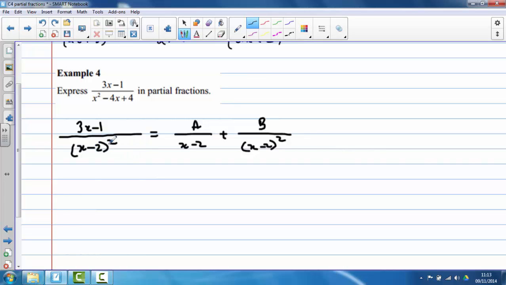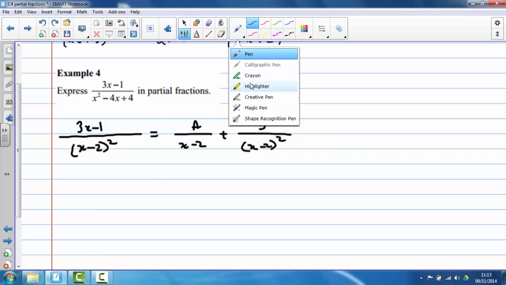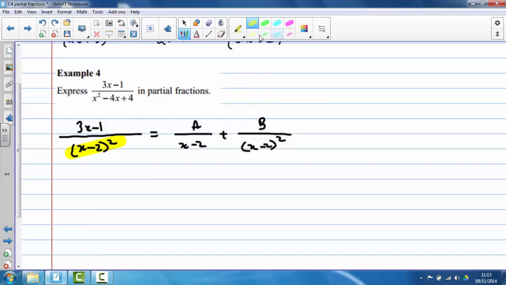So if we multiply through by x minus 2 all squared, this just gives me 3x minus 1 equals a times x minus 2 plus b, to just put b by itself.